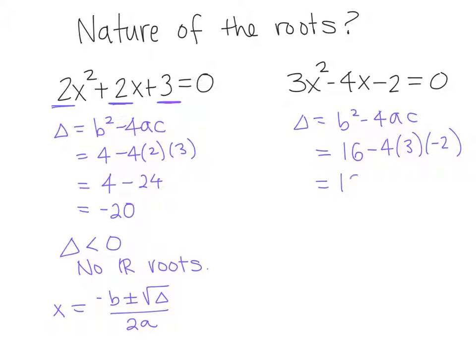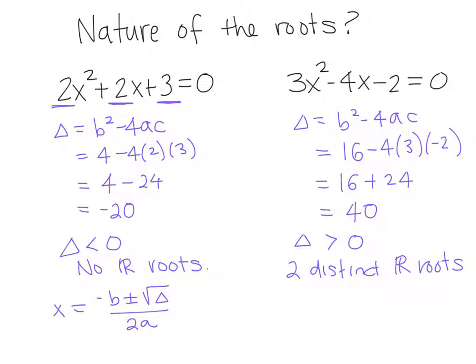We have 16, minus times minus, that's positive. 4 times 3, 12. 12 times 2, 24. So in this case, discriminant is equal to 40. When discriminant is greater than 0, we have two distinct real roots.